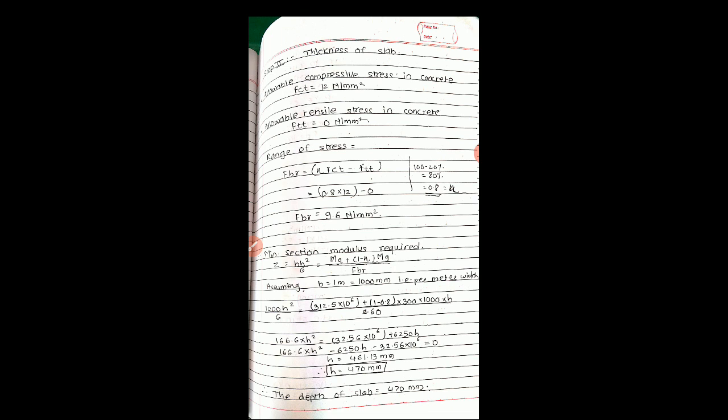Then range of stresses, FBR, is equal to loss ratio into FCT minus allowable tensile stress in concrete. Here allowable tensile stress in concrete is 0, and the loss ratio n is given as 20. So 100 minus 20 percent is 80 percent, which we convert into decimal, 0.8, and FCT is given as 12.